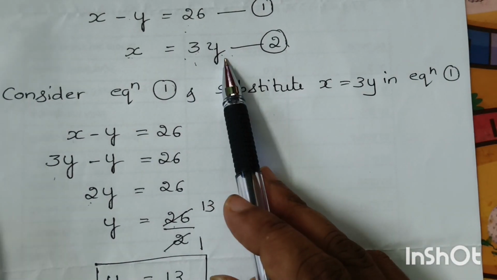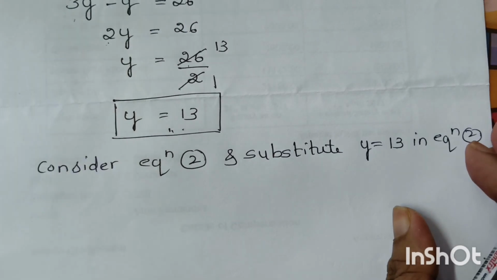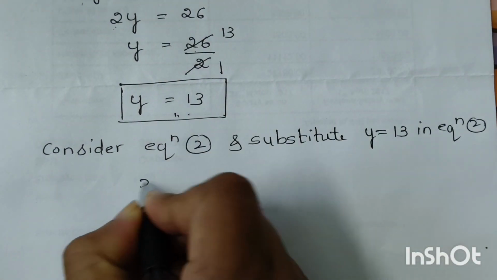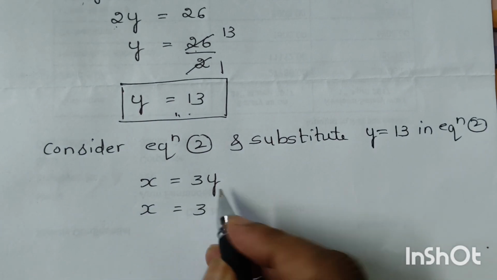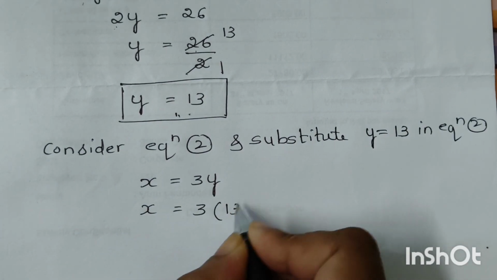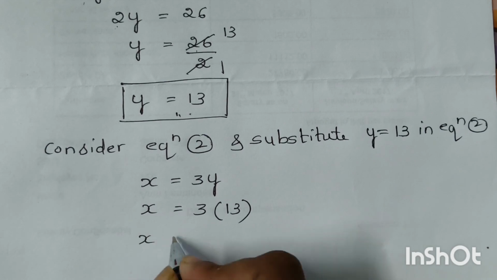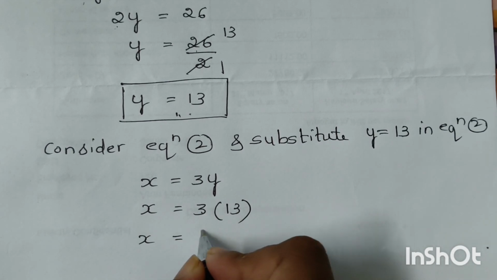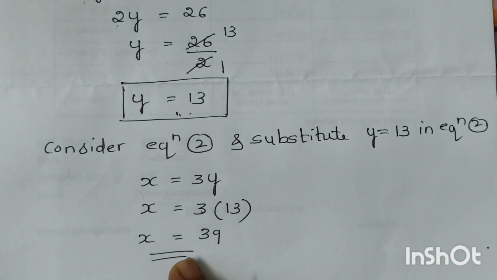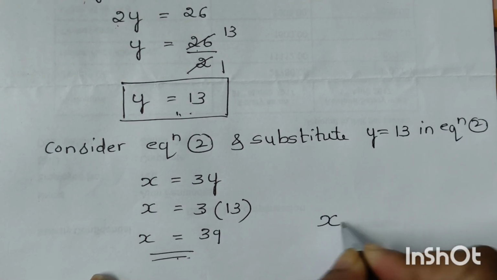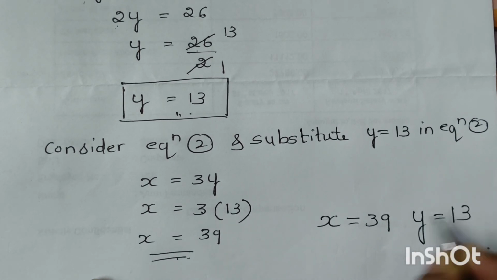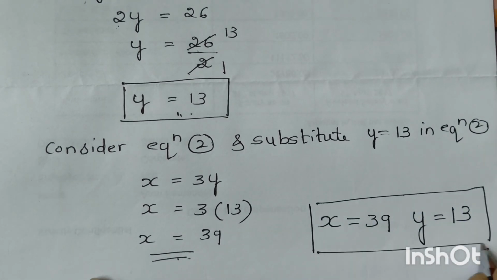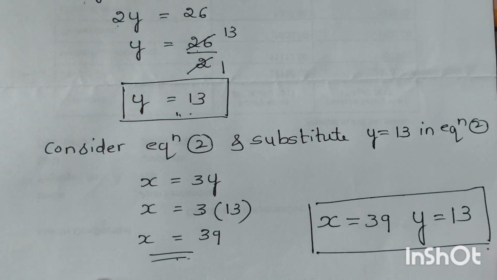That is x is equal to 3y. x is equal to 3 into, in the place of y, let us write 13. x is equal to 13 threes are 39. Okay, x is equal to 39. We got the value of both x and y, that is x is equal to 39 and y is equal to 13. This is our answer. If you want to verify, you can verify.